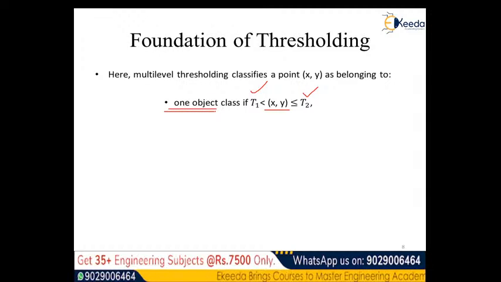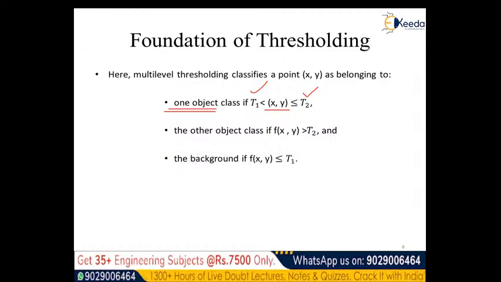Next, we identify the other object class if the pixel intensity f of x, y is greater than the second threshold value t2. And we identify the pixel to be from the background if the pixel intensity f of x, y is less than or equal to t1.